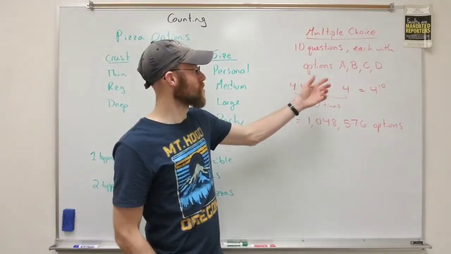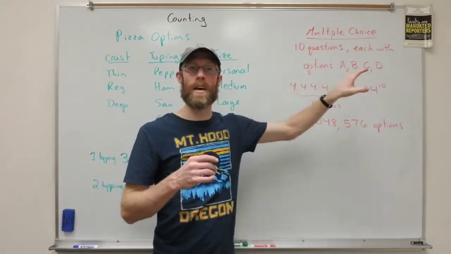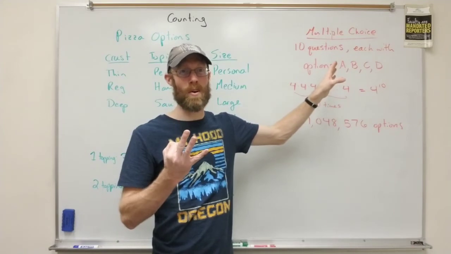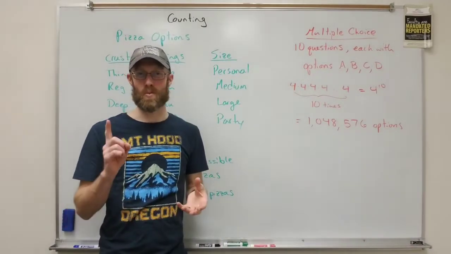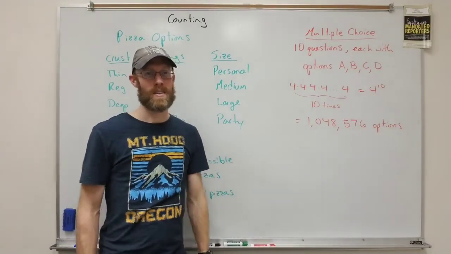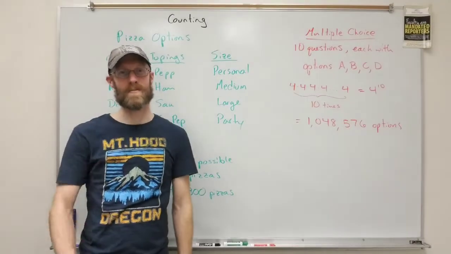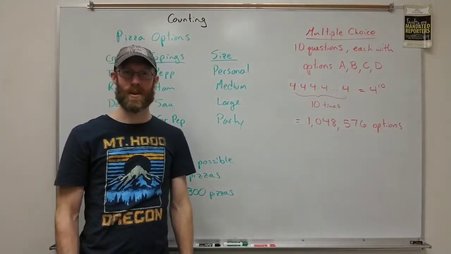So if question number 1 had A as its answer, there's only one way to get it right, but there are 3 ways to get it wrong. And for every question, there's one way to get it right, 3 ways to get it wrong. So to get them all wrong, there's lots of possibilities. To get them all right, there's only one. So anyway, yes, good. Correction.